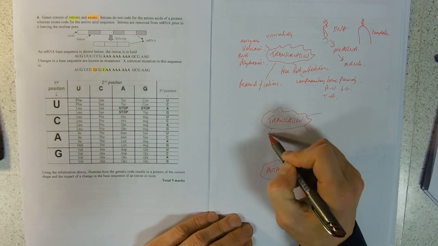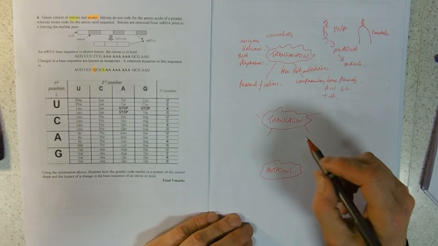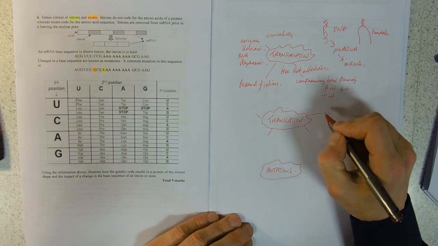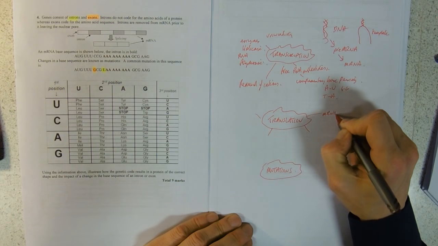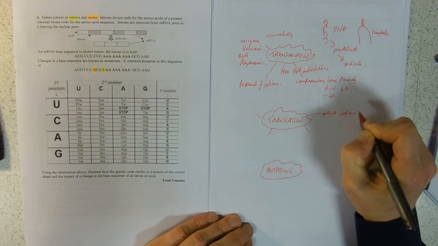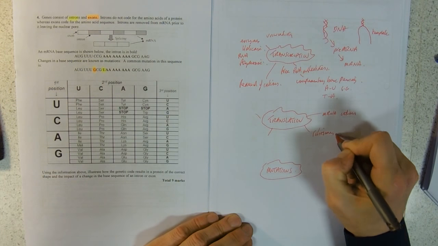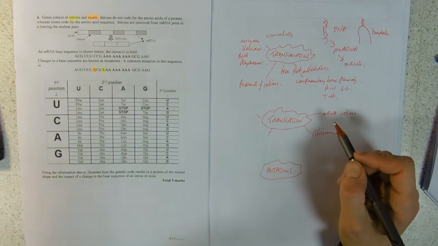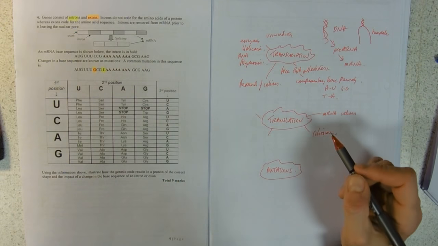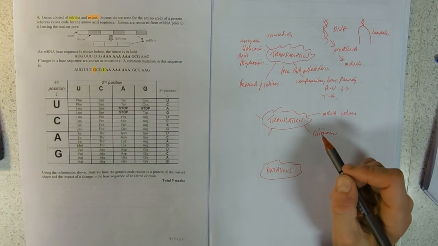Then all the usual stuff for translation. So talk about the messenger RNA codons, ribosomes, what happens there. Two codons are held together.